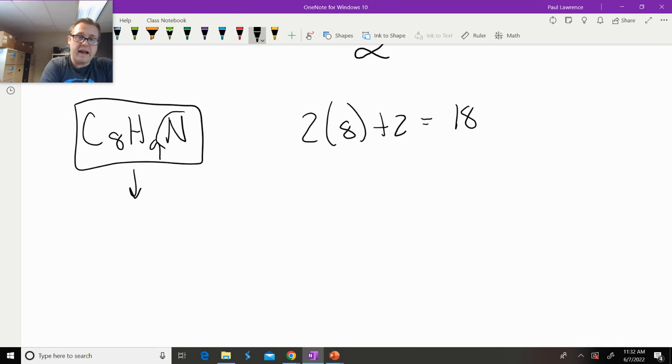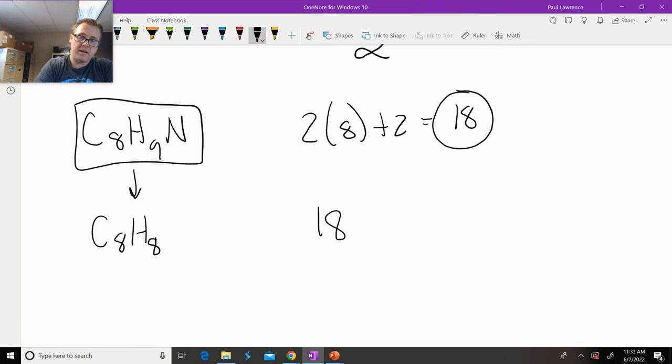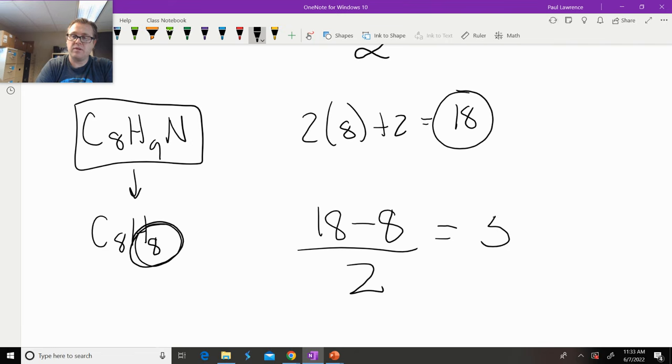For every nitrogen you have, you subtract one hydrogen. So the formula now looks like this. You see we've gone from 9 hydrogens to 8. Now we take the maximum amount, 18, minus how many we have, which is 8, divided by 2 equals 5 degrees of unsaturation.